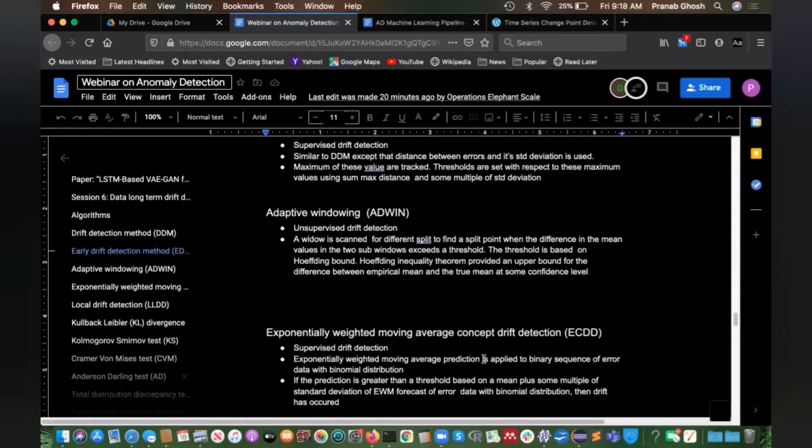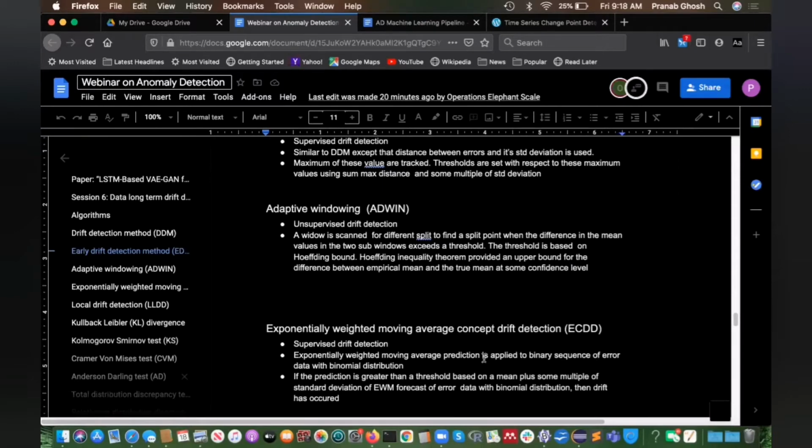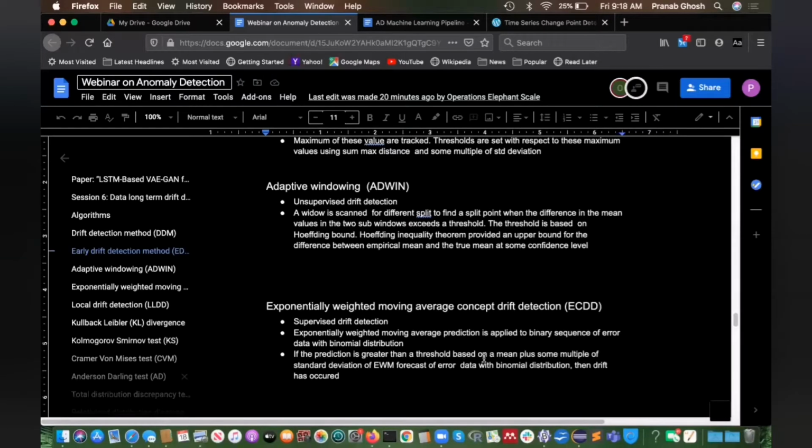Adaptive windowing, unsupervised drift detection. What happens is you take 2 sub windows and you essentially scan through your data, looking at different points, and your null hypothesis is that the 2 sub windows originate from the same distribution.